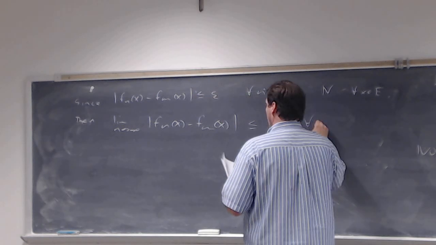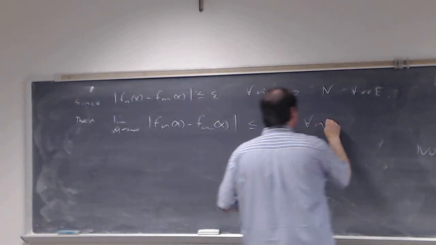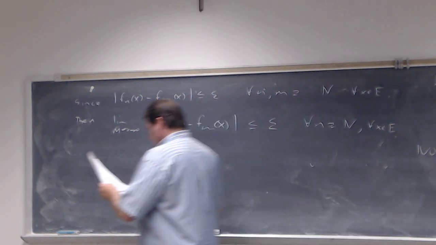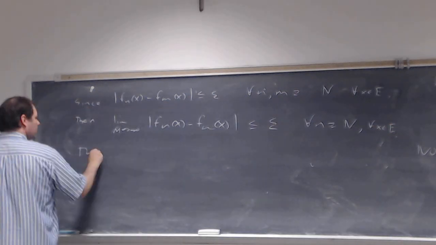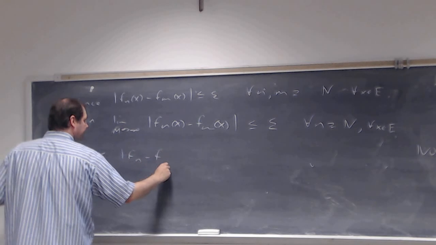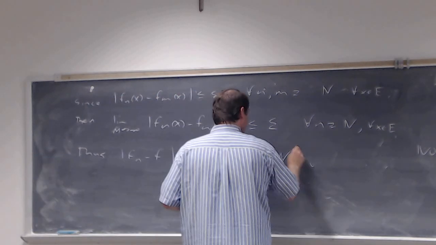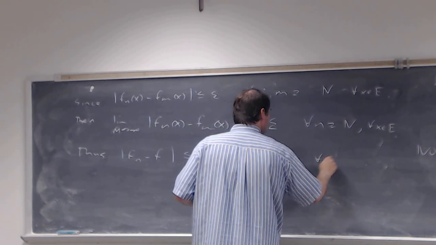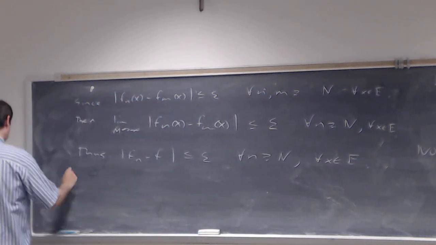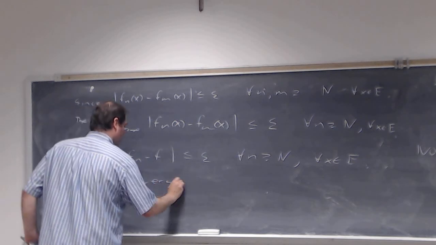Thus, we know what this limit is. It's the norm of f sub n minus f. It's going to be less than or equal to epsilon. And that's true for all n bigger than or equal to this big N, and for all x element V. And so that means that the f sub n's converge uniformly there.